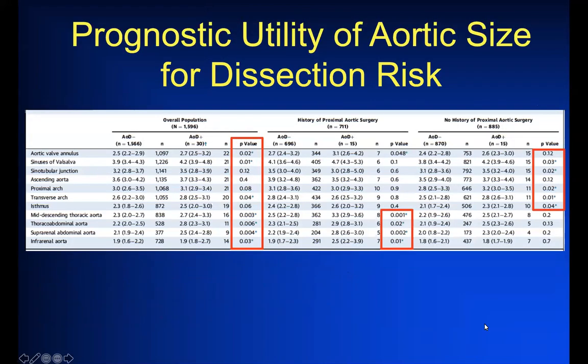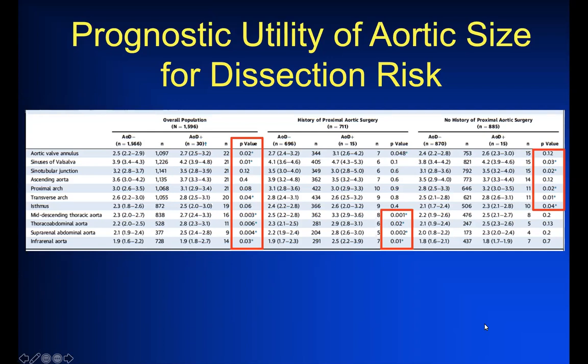Here we look at prognostic utility of aortic size from that study, demonstrating that at the annulus, in the ascending thoracic aorta, as well as in the descending thoracic aorta, size itself was greater among patients with subsequent aortic dissection versus those without. And that relationship varied based on history.